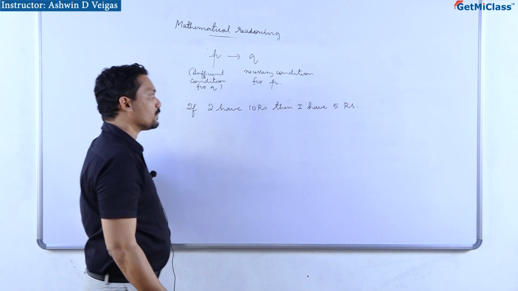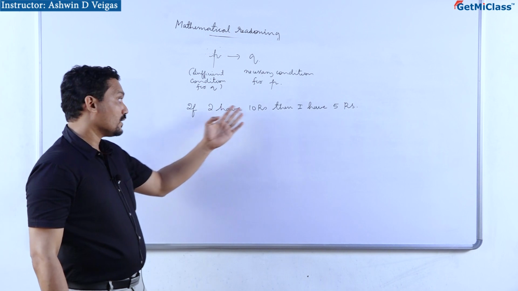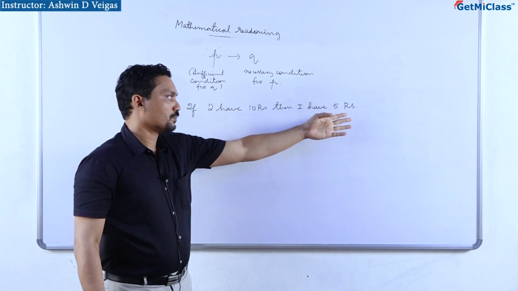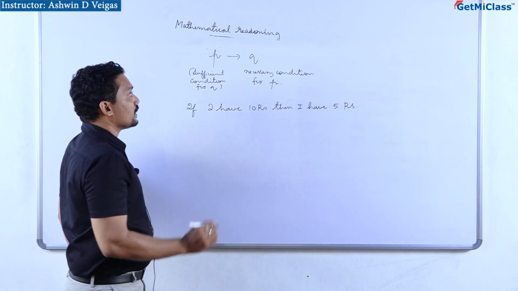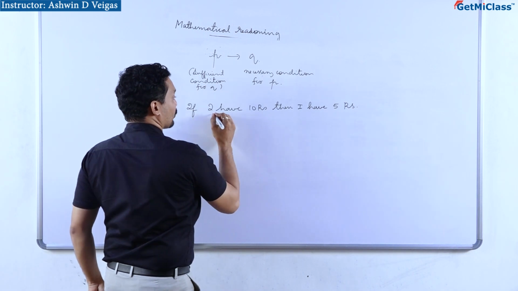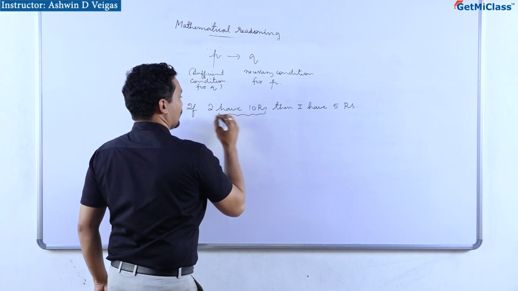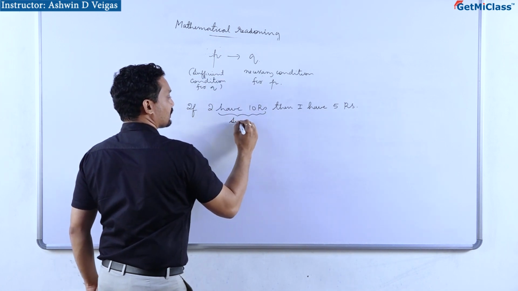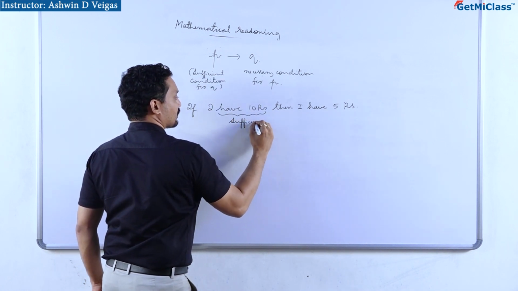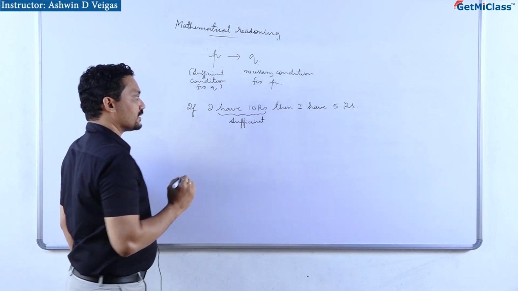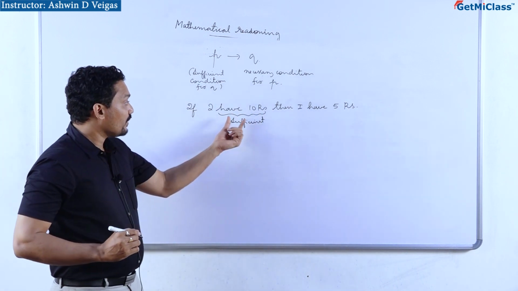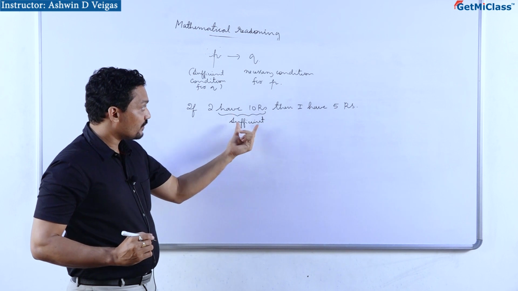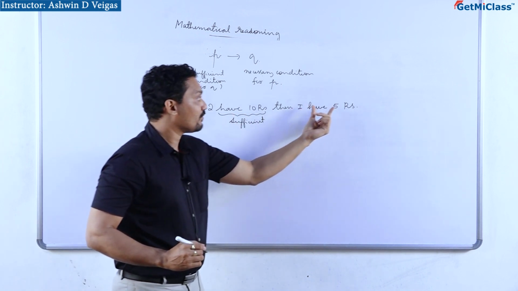Now you know this statement is true. If I have 10 rupees, then surely I have 5 rupees. Here, having 10 rupees is called sufficient condition. That means having 10 rupees is sufficient condition for having 5 rupees.